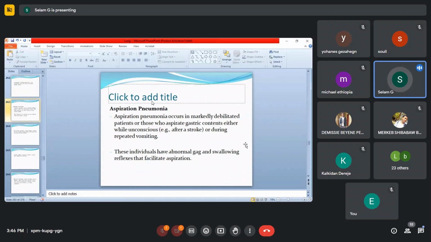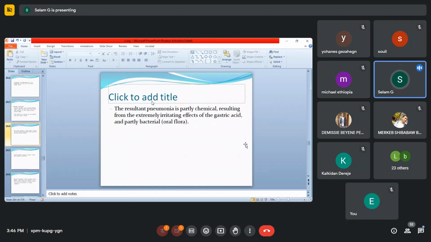These individuals have abnormal gag and swallowing reflex that facilitates aspiration of contents of the GI tract into the lung. The resultant pneumonia is partly chemical because of the hydrochloric acid of the gastric content, resulting from the extremely irritating effect of the gastric acid, and partly because of bacteria or the oral flora accessing the lung through the aspiration process.